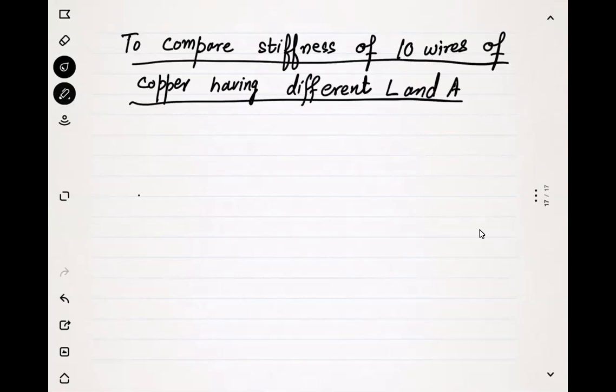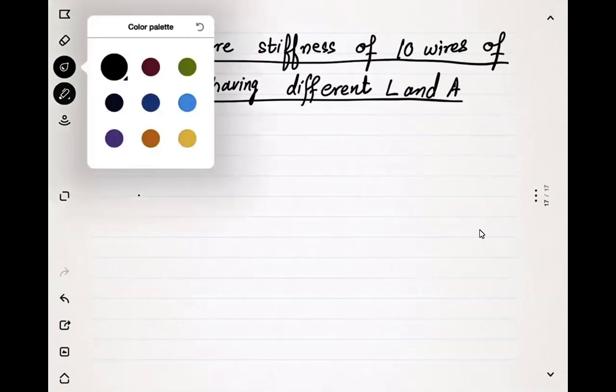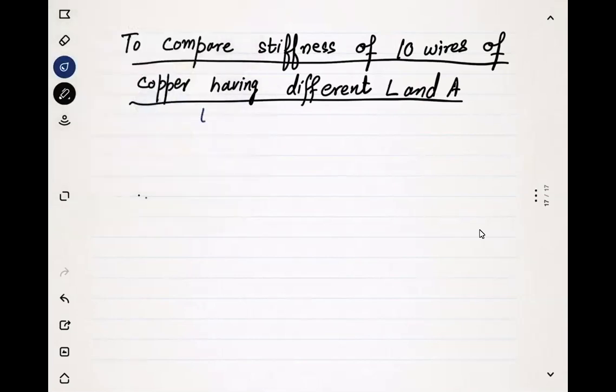So if the stiffness of 10 copper wires with different length and area is to be compared, then since all the wires are made of copper, length and area are the independent variables, so you have to use the Hooke's constant. The values of Hooke's constant of copper wires can give the comparison of their stiffness.